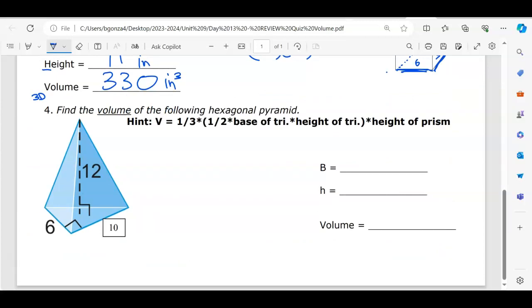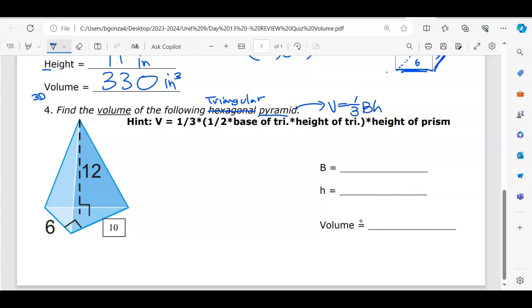All right. Last one, number 4. Find the volume of the hexagonal pyramid, okay? This one is triangular. You can fix that. Whoops. All right, so remember, for a pyramid, its volume is 1/3 BH.